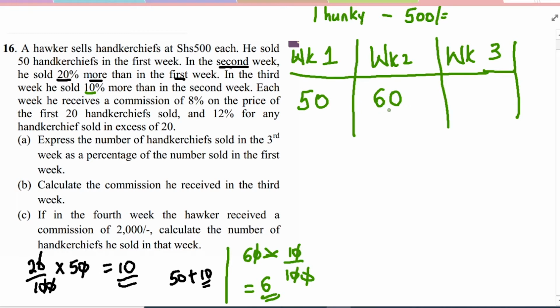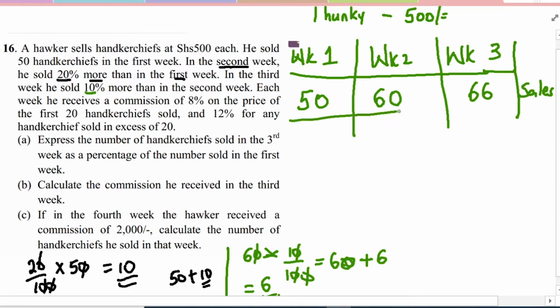If in the second week he sold 60, it's going to become 60 plus 10% more, which is 6. So in the third week, he sold 66 handkerchiefs. I hope we are following. So in the second week, he sold 20% more than in the first week. In the third week, he sold 10% more than in the second week. So this is how much he sells. Those are the sales.